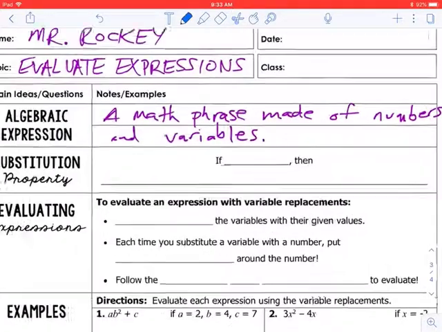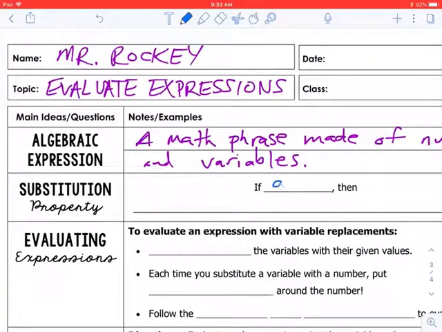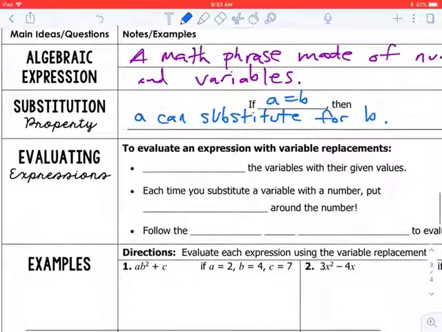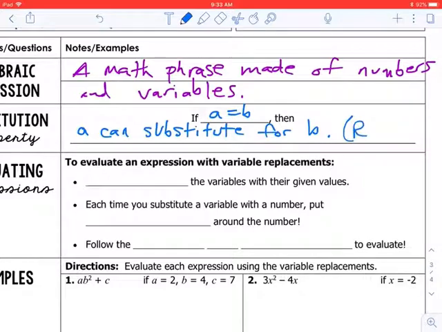What that means is if I have A equals B, for instance, X equals 2 or 3 equals A or whatever it might be, then I can substitute. So A can substitute for B. And that's all I'm doing. I'm replacing it.